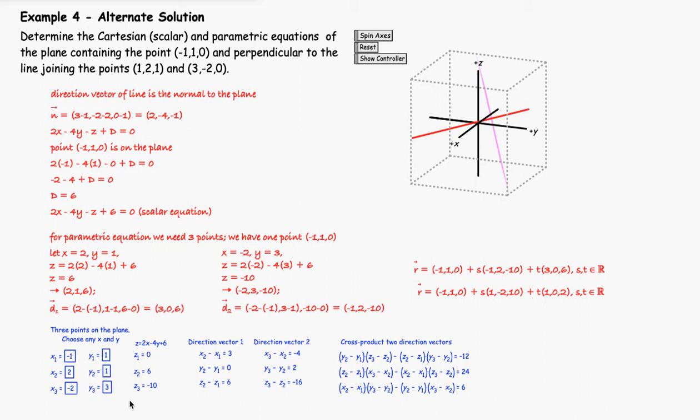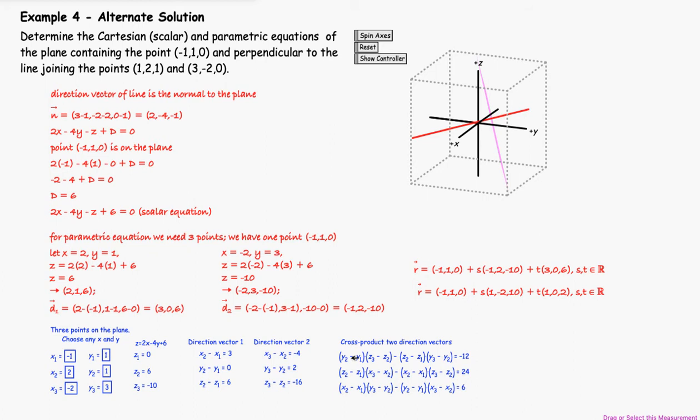And we now have that z is negative 10. We get our 2 direction vectors, 3, 0, 6. And our second direction vector, I'm not sure how I'm doing this one. I didn't do it the same way I did here because I'm going between these 2 points, from this point to that point. That's different from what I did there. But if I did that, I would get this direction vector, negative 4, 2, negative 16.